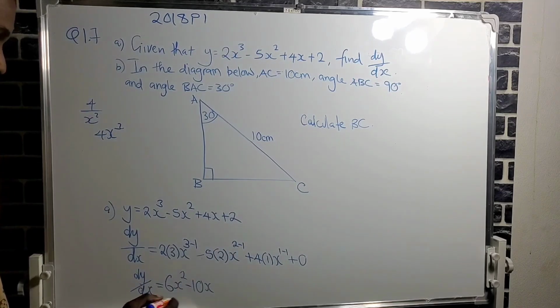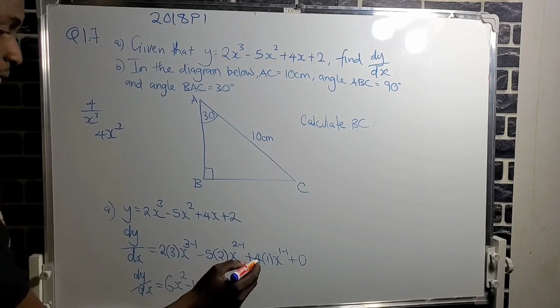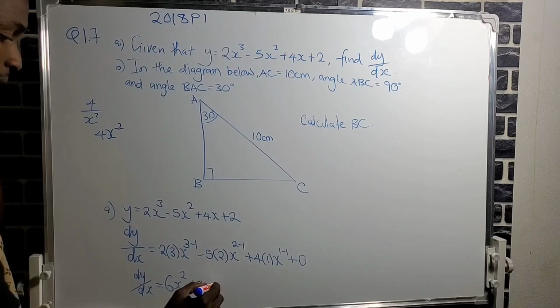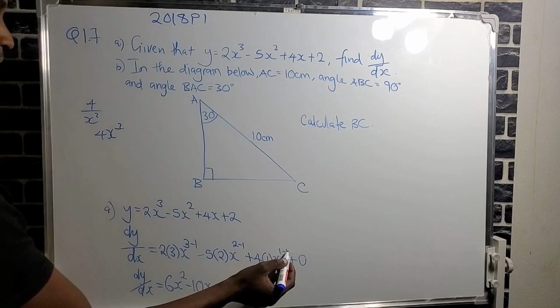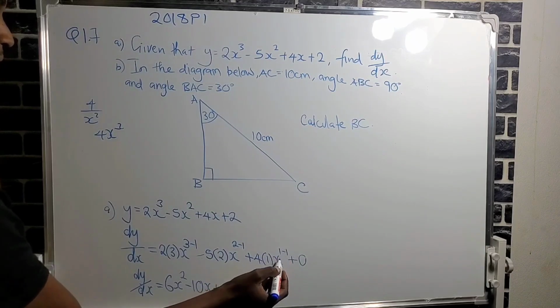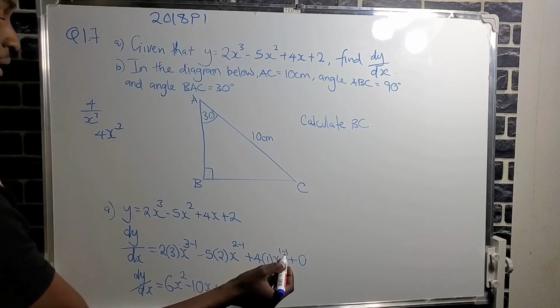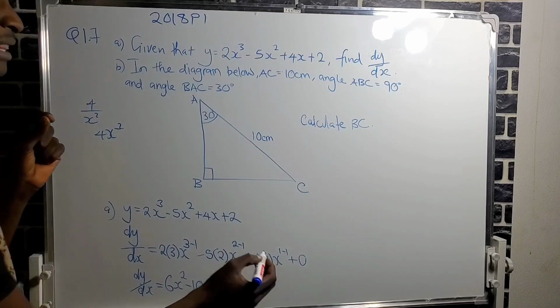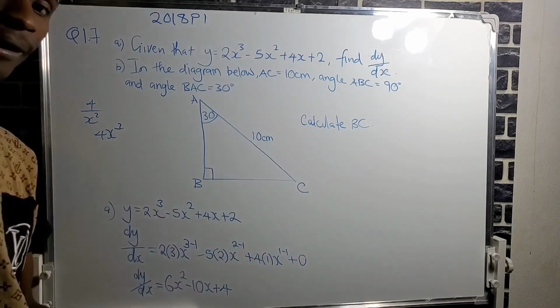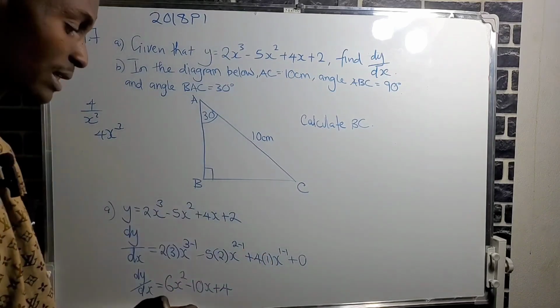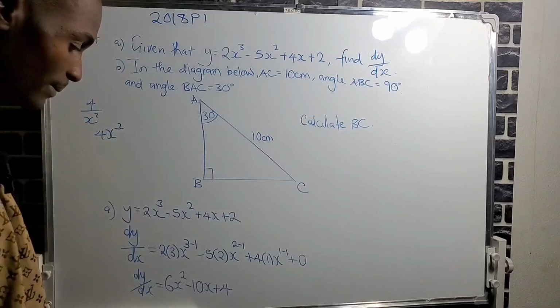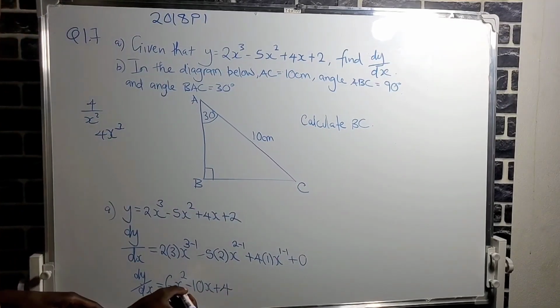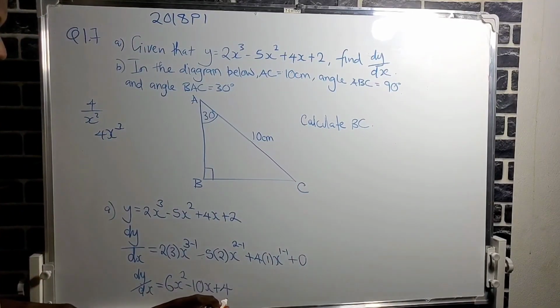Let's just leave it the way it is. Then plus 4 times 1 is positive 4. 1 minus 1 is 0. Anything raised to the power 0, according to the rule of indices, is 1. So 1 times 4 will still be 4, and then you have a 0 there. So this is the answer.